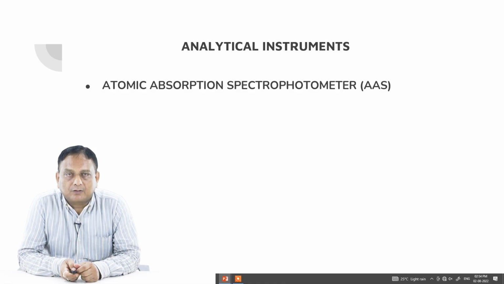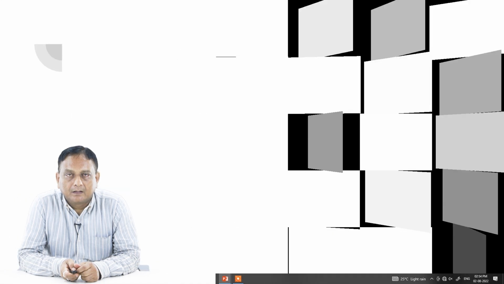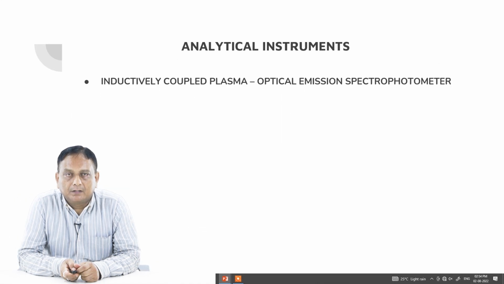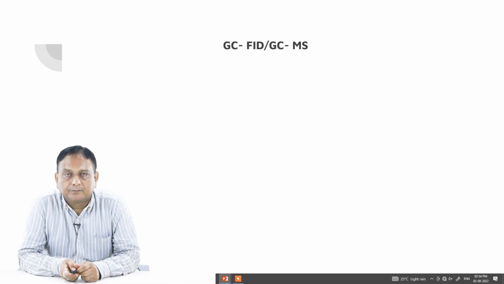It also includes atomic absorption spectrophotometer, AAS, and inductively coupled plasma optical emission spectrometer or mass spectrometer, ICP-OES or ICP-MS.